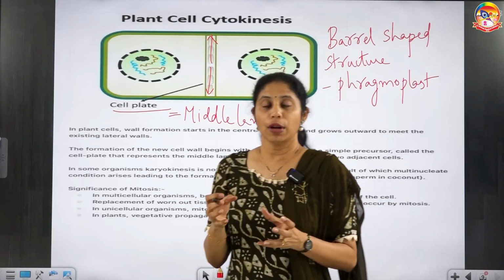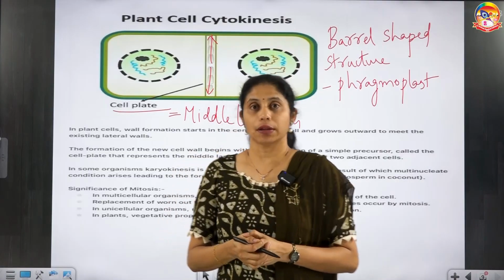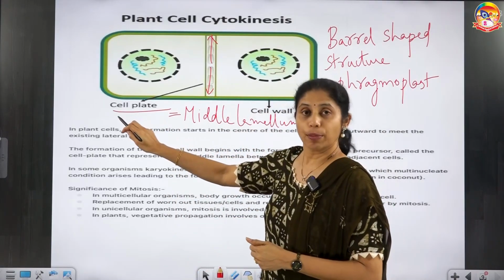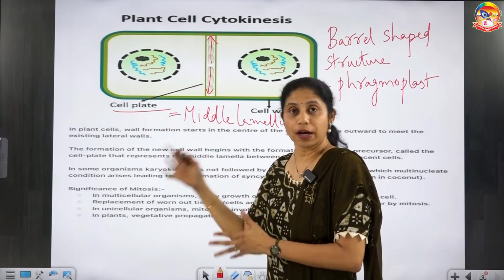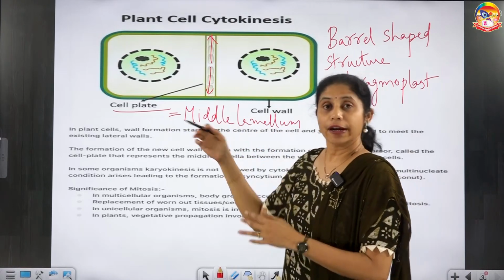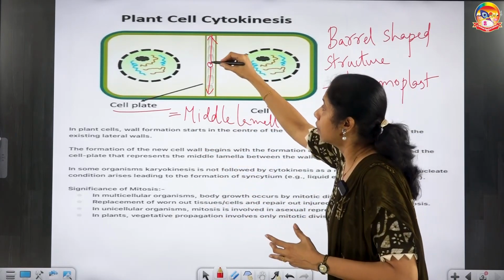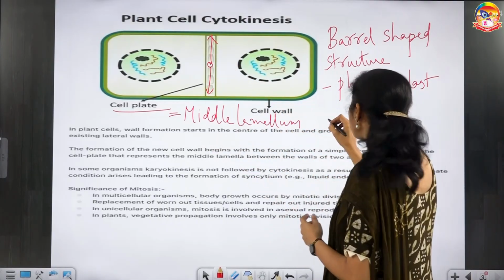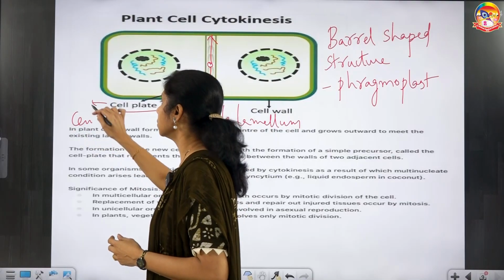The middle lamellum is a cementing layer of the cell wall which connects the two neighboring cells together. So that cell plate will be formed after the phragmoplast. And this cell plate, how is it growing? Growing means it is growing from the center towards the side. That means the cell plate grows centrifugally.